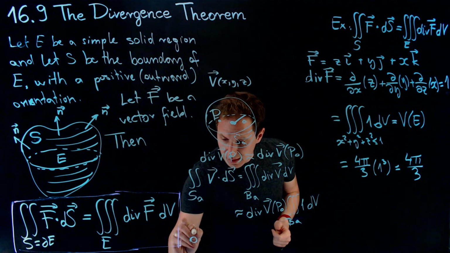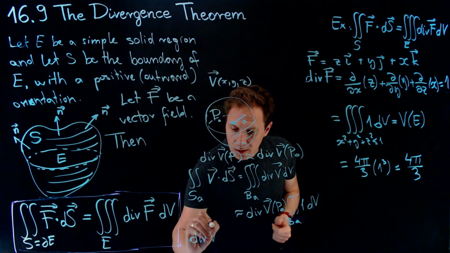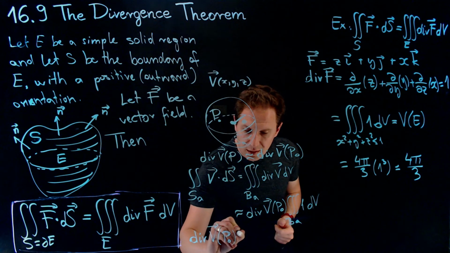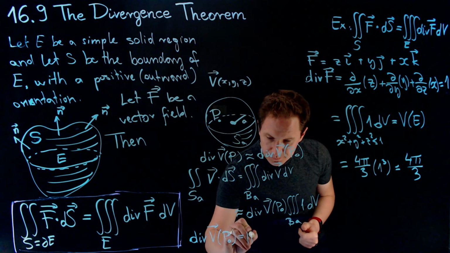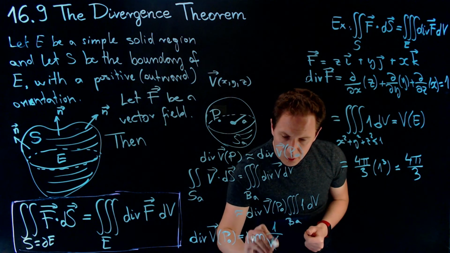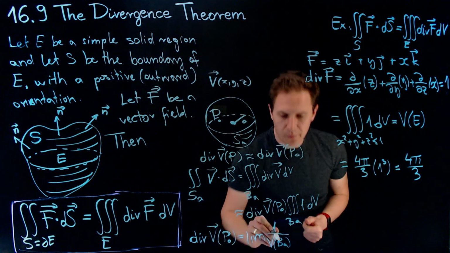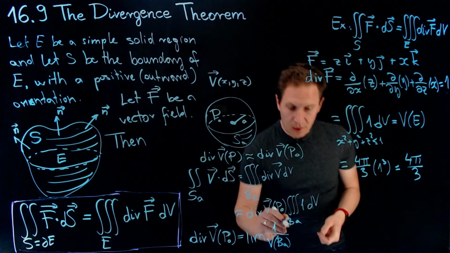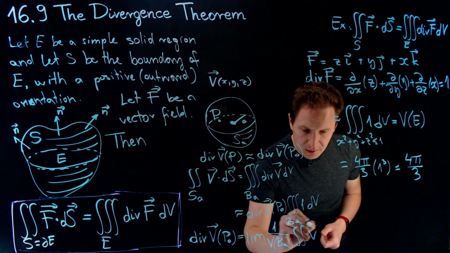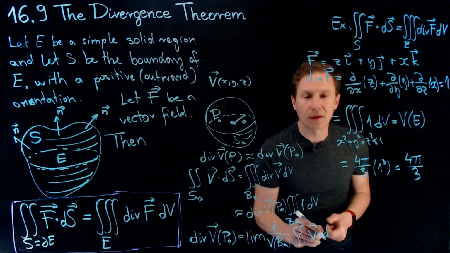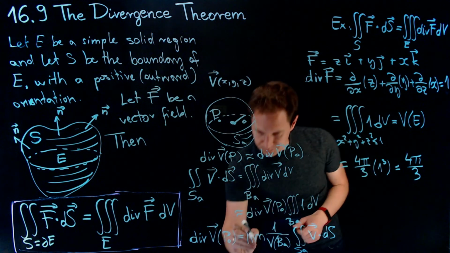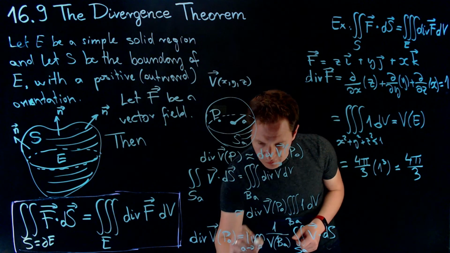We will exactly obtain the divergence of our vector field at the point P naught if we take the limit of 1 over the volume of that ball of radius a, so that's 4 pi over 3 times a cubed, times the double integral of V across the surface of that ball, the sphere S_a. So we take the limit as a goes to 0.